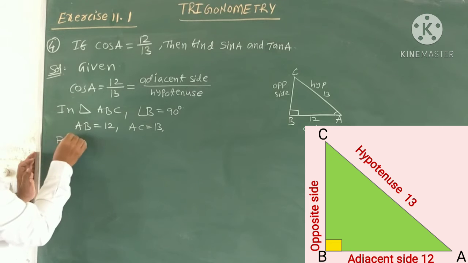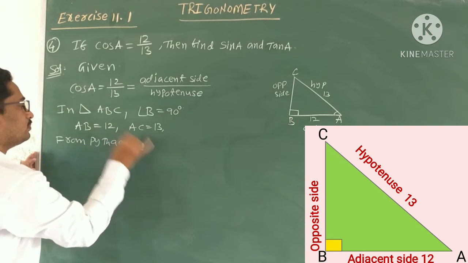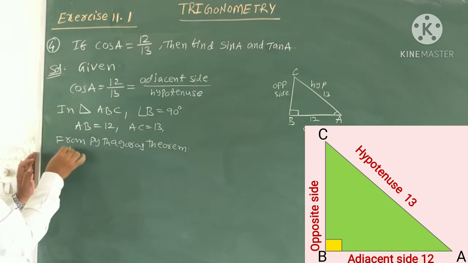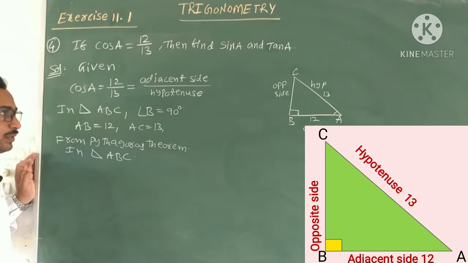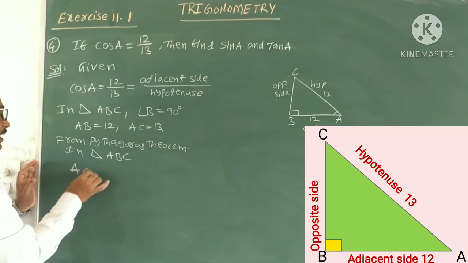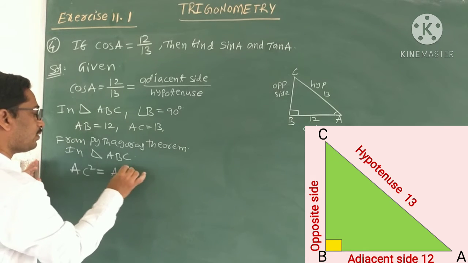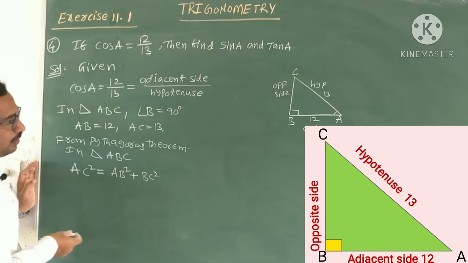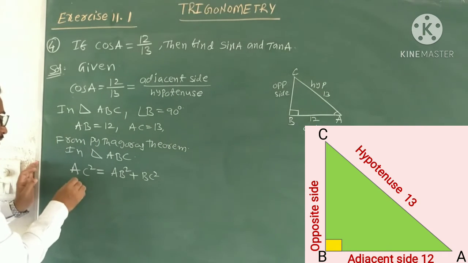Now, from the Pythagoras theorem, in right angle triangle ABC, the longest side, hypotenuse AC square, equals the sum of the squares of the remaining two sides, AB square plus BC square. AC is given 13, so 13 square.